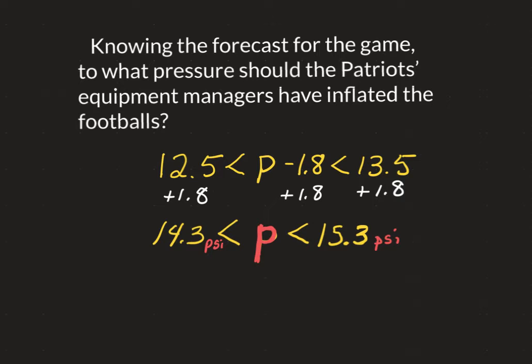I'm going to drop the units for my interval notation. Now, the way I've written it here with these less than signs, that means we would use parentheses, and we would have 14.3, comma, 15.3. And this is how it was indicated in one of the articles that I found.